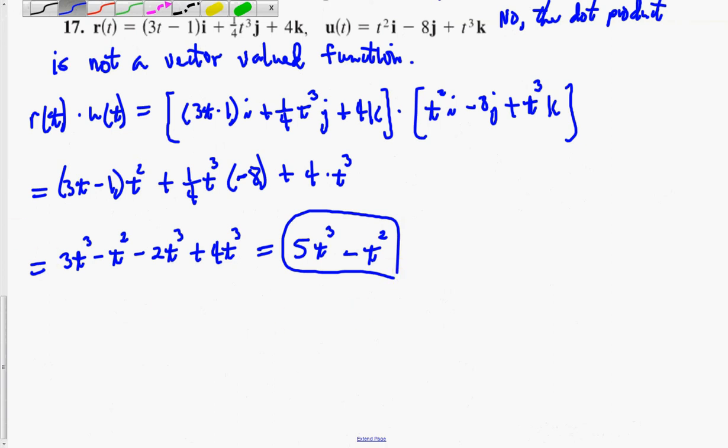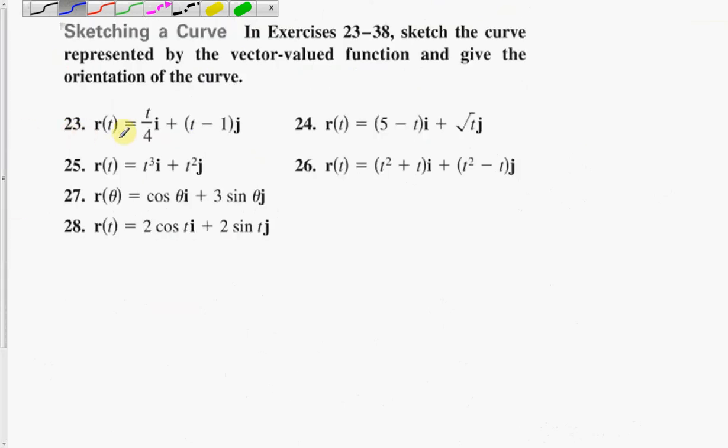Well, let's look further. Sketch the curve represented by the vector valued function and give the orientation of the curve. So if you take something like 23, this is t over 4 I plus t minus 1 j.